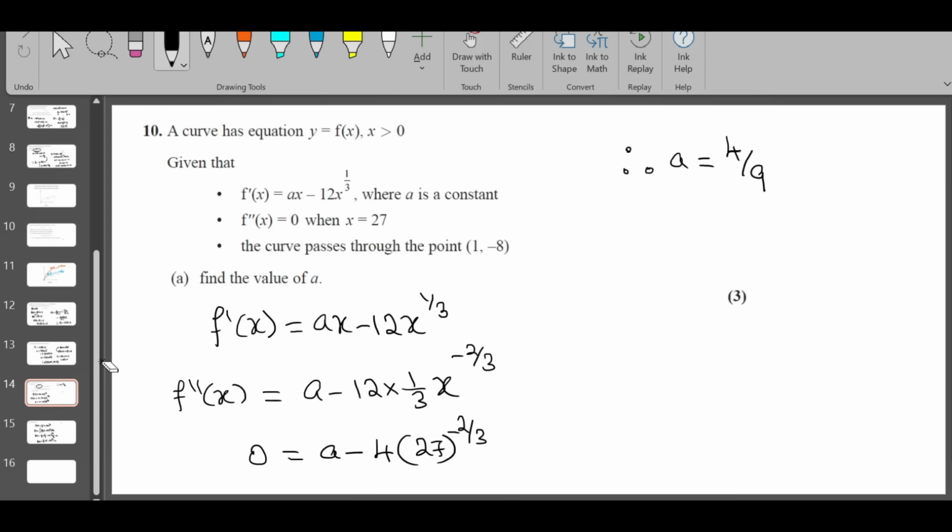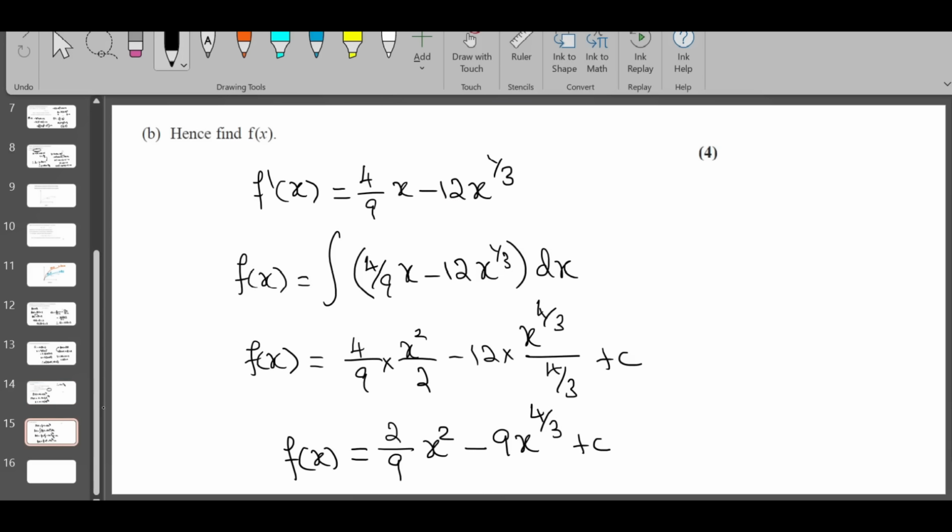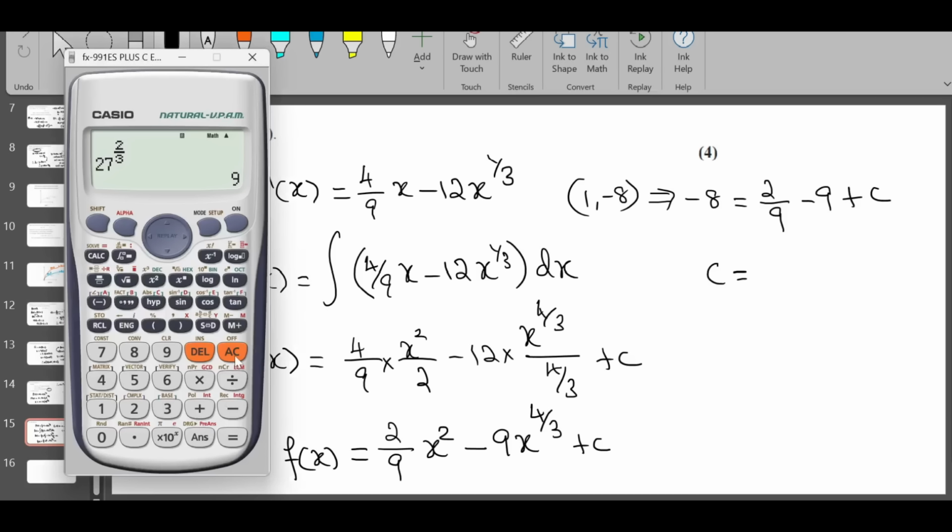Now read the question carefully. It says the curve passes through 1 comma minus 8. So I'm going to sub in this point, replace f of x by minus 8, x by 1, so I will get 2 over 9 minus 9 plus c. So c is going to be minus 8 plus 9 minus 2 over 9.